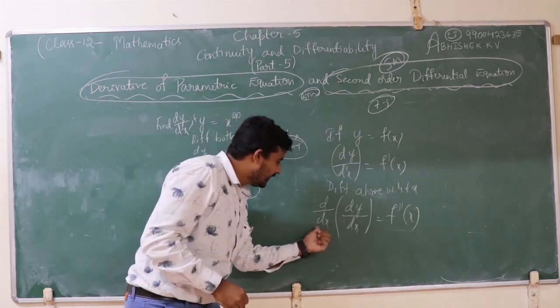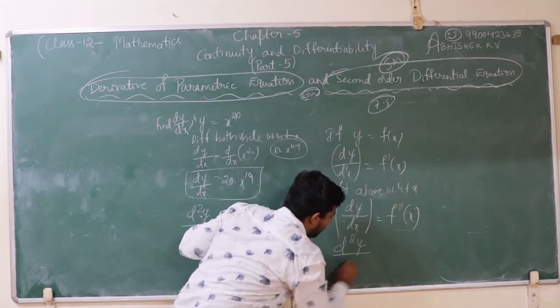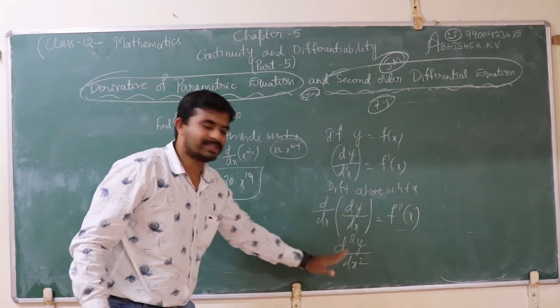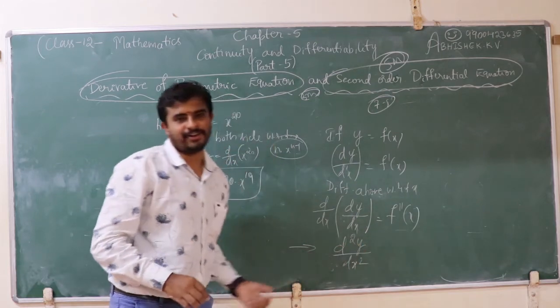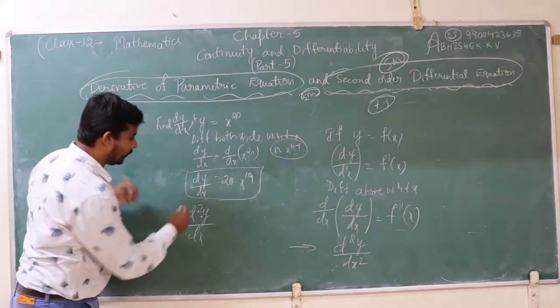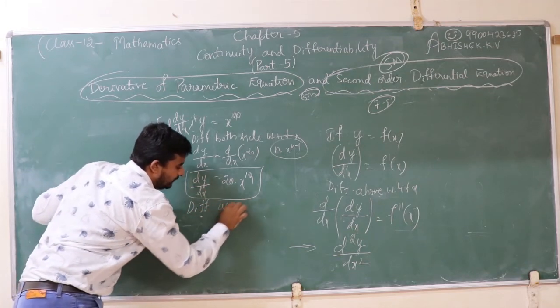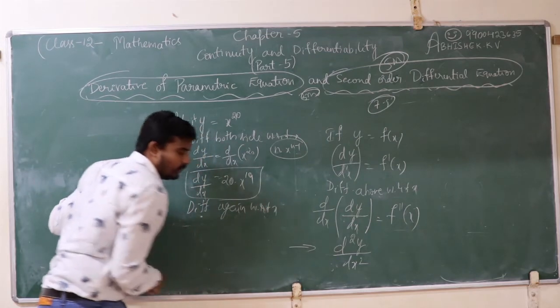So d by dx of dy by dx becomes d square y by dx square. This is the second order, that is the derivative of second order. That's all. If you differentiate again with respect to x.